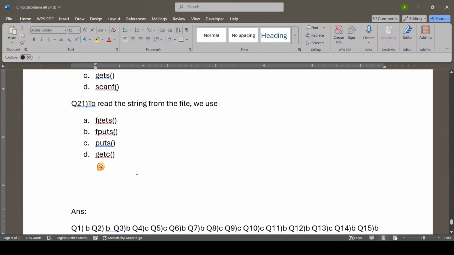Tell me the answer. Question 21: to read the string from the file we use fgets. fputs is for the writing, fgets is for the reading. So question 21, answer A.